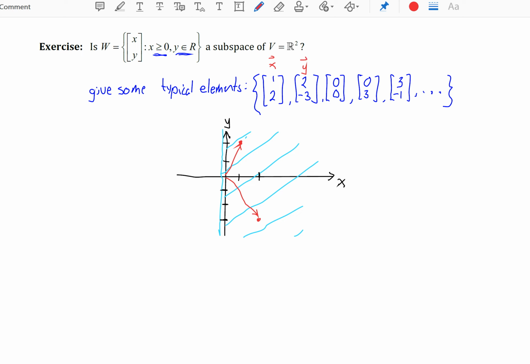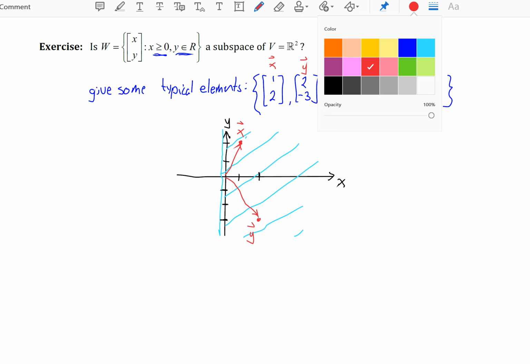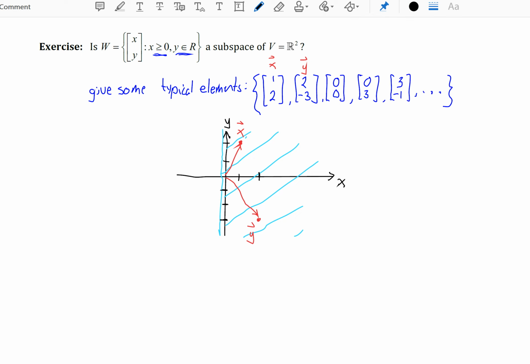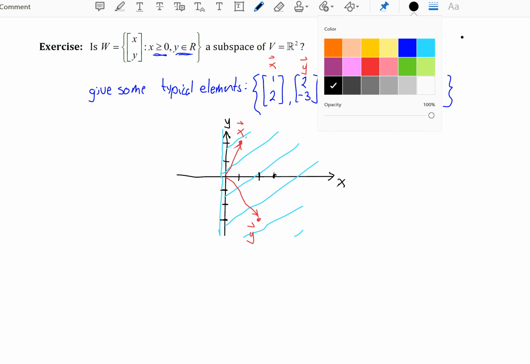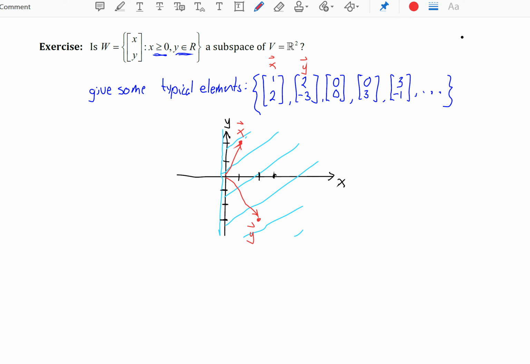together, will they stay in this right half plane? And again, I'm going to use the head to tail method. Here's vector x, here's vector y. I'm going to pick up vector x and move it over here. Remember, vector x moves 1 in the x direction, 2 in the y direction. So I would move 1 more over and 2 up. So from here, move 1 in the x direction and 2 more in the y direction.